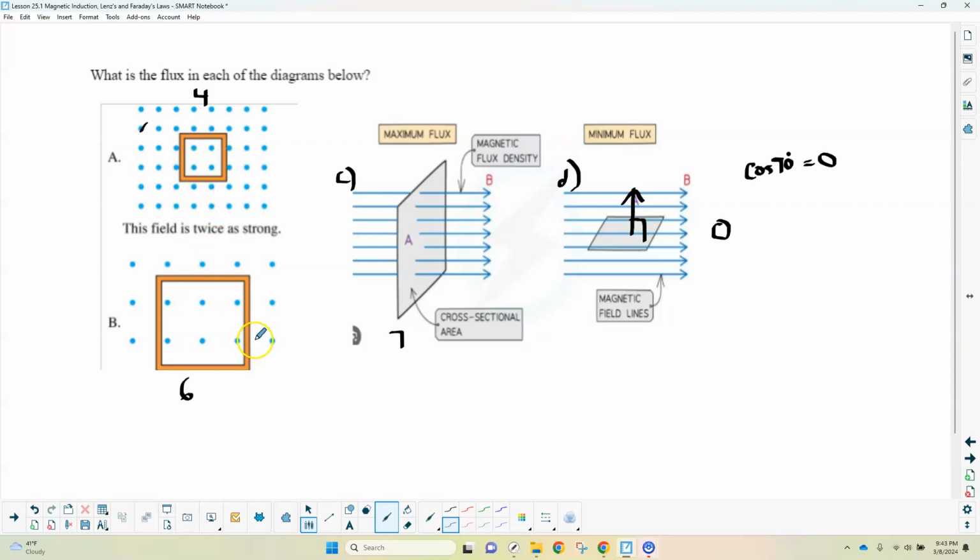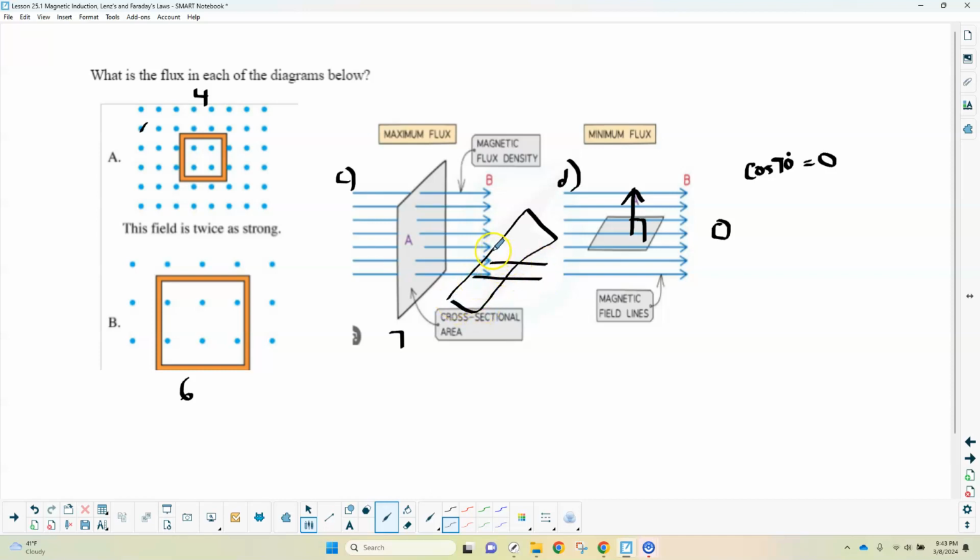So it's really just figuring out how much magnetic field goes through an area, and it's dependent upon the strength of the magnetic field, it's dependent upon the area, and it's also dependent upon this angle. So I could draw our area to look like this.